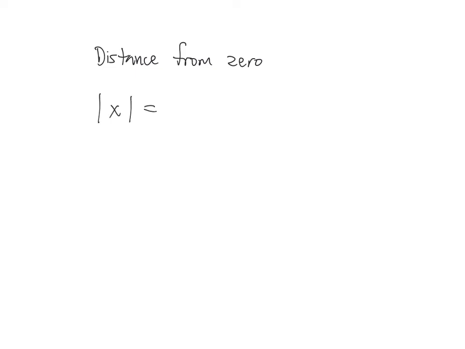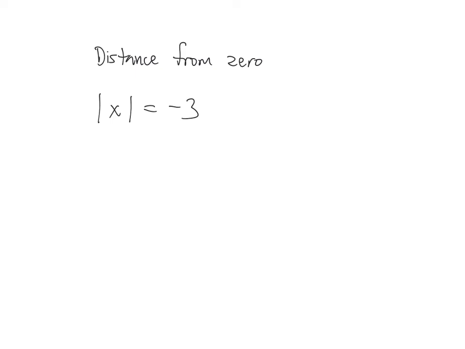So it's always positive. If you're doing your work and you end up with the absolute value by itself and it equals negative, that's impossible, because if we get an answer, what we're saying is when I plug it in, it's going to work.